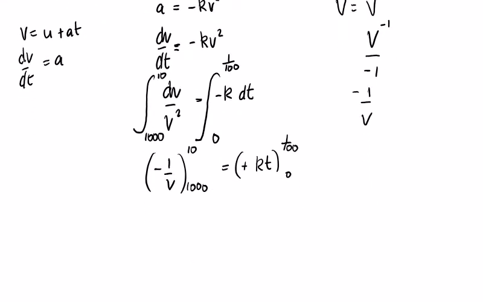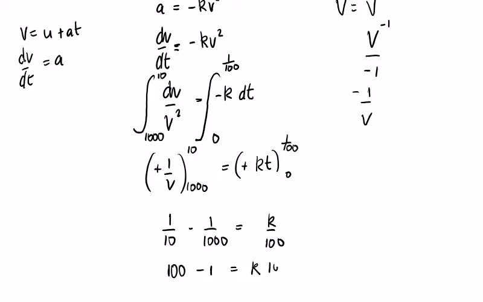So I can multiply across by minus 1. We're going to get 1/10 minus 1/1000 is equal to, putting this in for t, k/100. So we multiply by 1000: 1000/10, which is 100, minus 1000/1000, which is 1, is equal to k times 10.